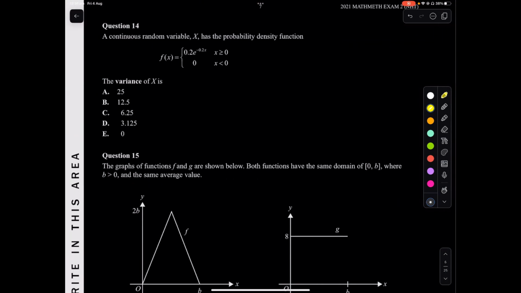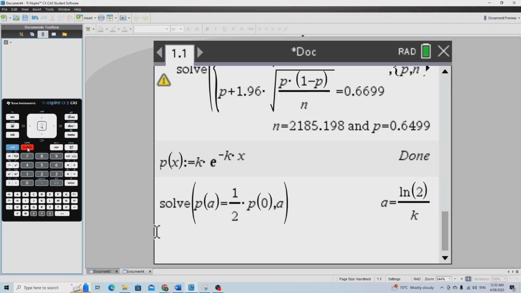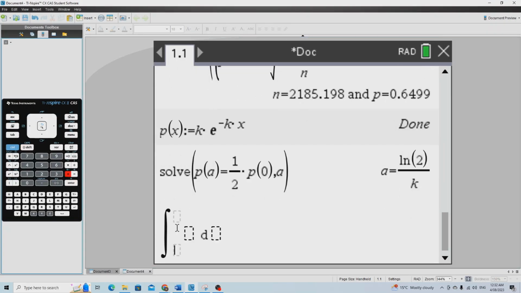Okay, this is a random variable that has a probability density function over this. The variance is what? Okay, not too bad. So variance is equal to the integral from negative infinity to infinity of x minus your mean, squared, times f of x dx. So let's find the mean first.